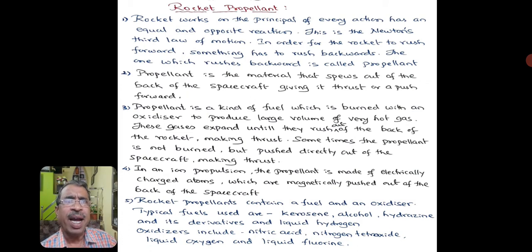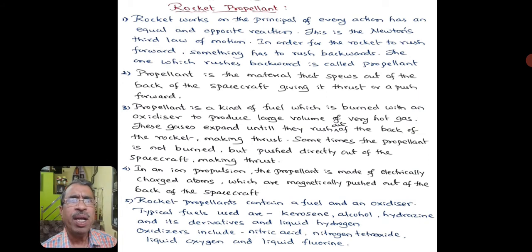Propellant is a kind of fuel which is burned with an oxidizer to produce a large volume of very hot gas. These gases expand until they rush out the back of the rocket, making thrust.